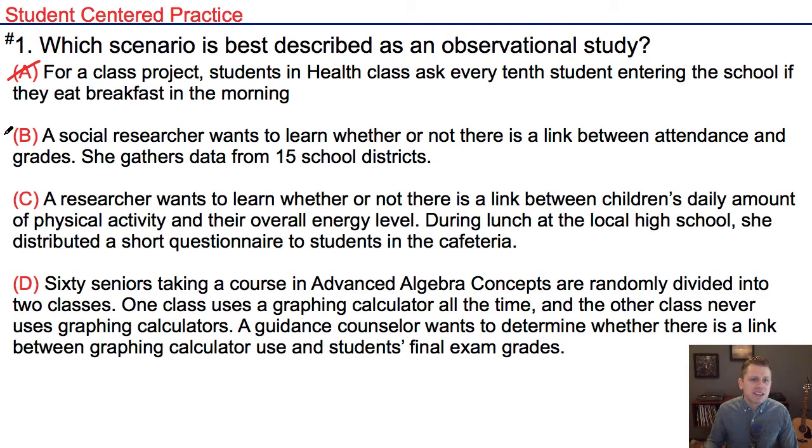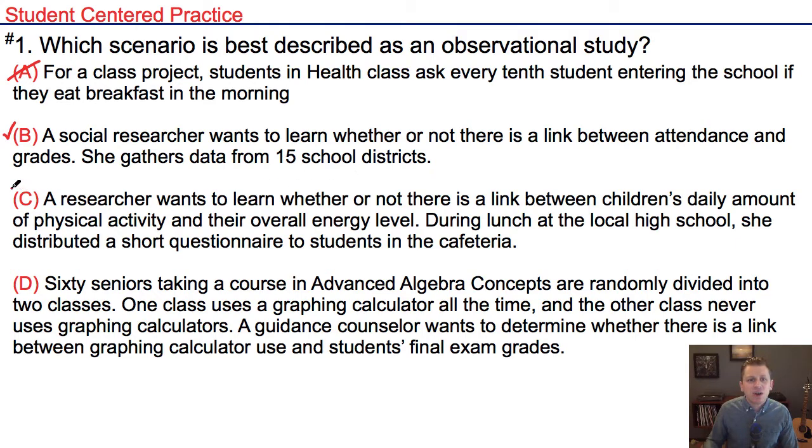Choice B is the correct choice for an observational study. Here, a social researcher wants to learn whether or not there's a link between attendance and grades. She gathers data from 15 school districts. They're just observing what's happening with attendance, and they're going to try to draw some relationship conclusion.